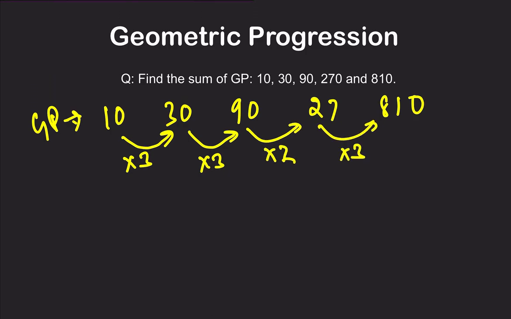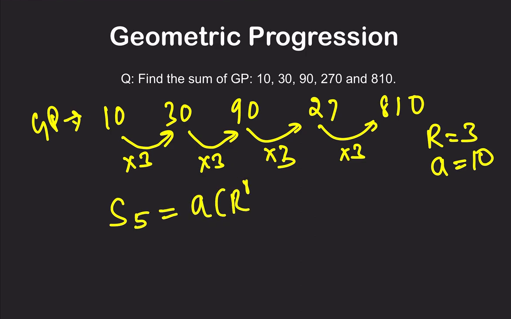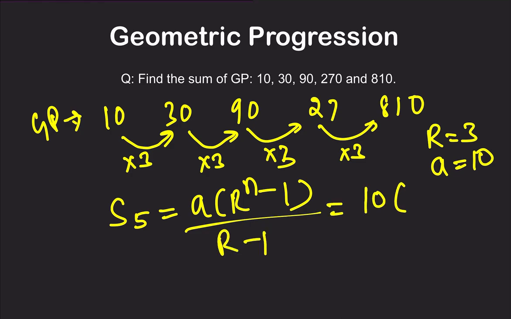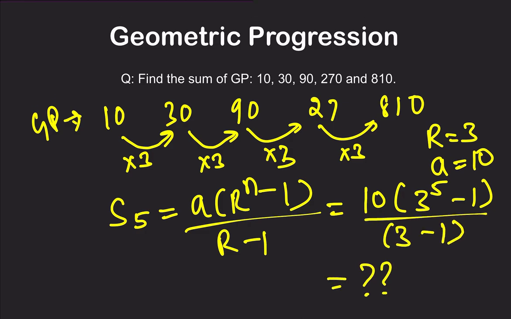So the common ratio between all these numbers is 3. What is the first term of the series? That is 10. And how many terms are there? 5. So the sum is a times r raised to power n minus 1 upon r minus 1. A is 10, r is 3, so 3 raised to power 5 minus 1 upon 3 minus 1, and you will get the answer. I hope this is just an application of the formulas.